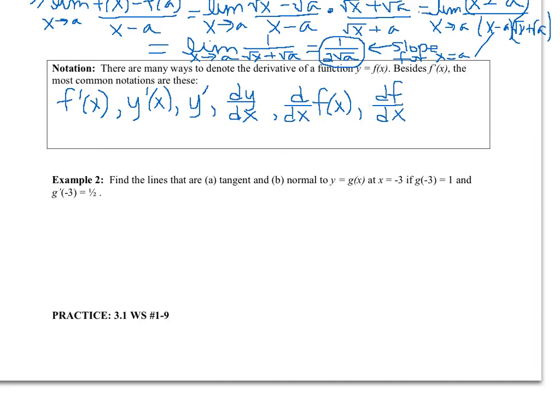So last example that we have, it's asking us to find the lines that are tangent and normal to a function at x equals -3. If g of -3 equals 1 and g prime of -3 equals 1/2, when you see the word tangent, again, hopefully you're thinking derivative. This is a pretty straightforward problem, as long as you are aware that in order to come up with an equation for a tangent line, you just need a slope and you need a point.